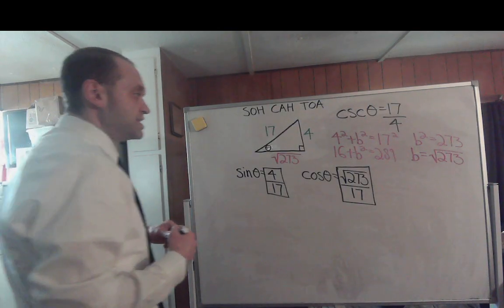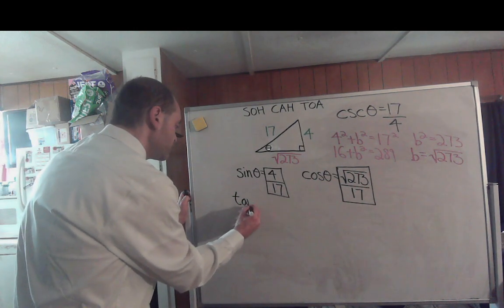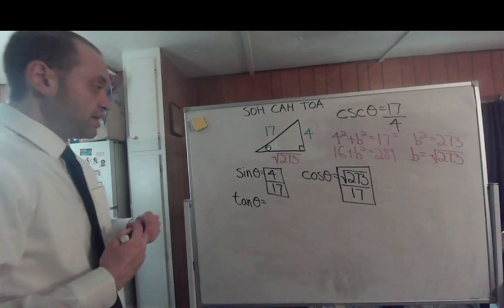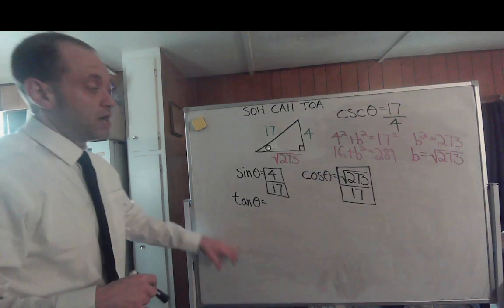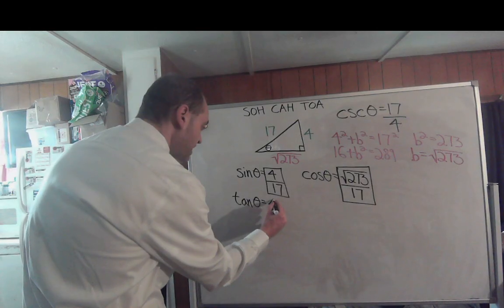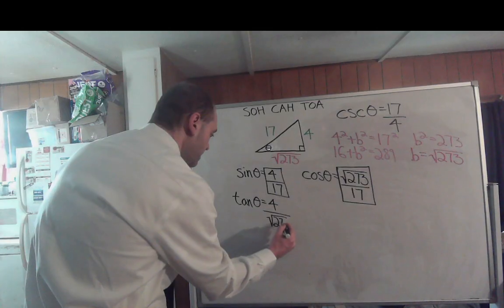Alright, let's find the tangent. This is not going to be pretty. So the tangent of theta, well, that of course is going to be your opposite leg over your adjacent leg. So this would initially start out as 4 divided by the square root of 273.